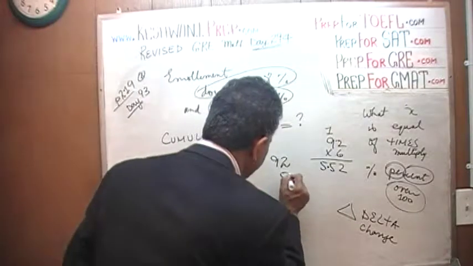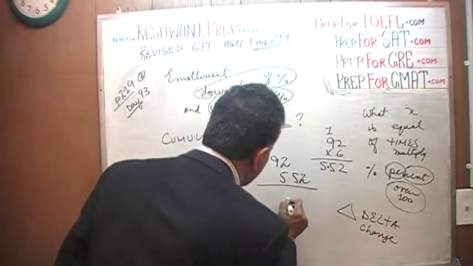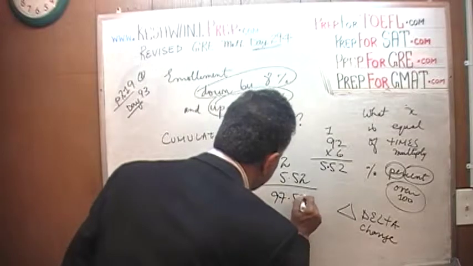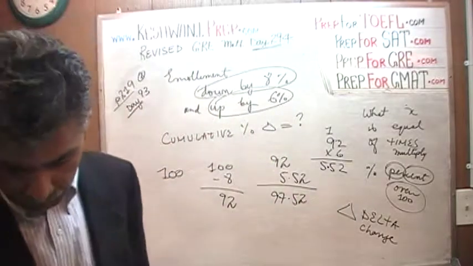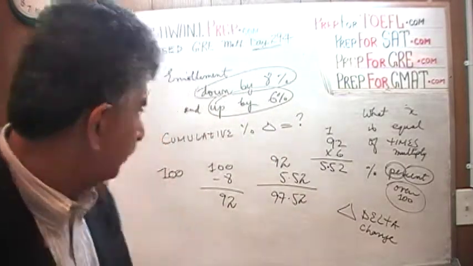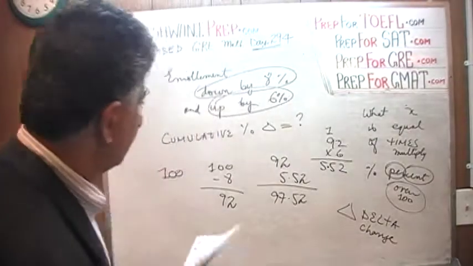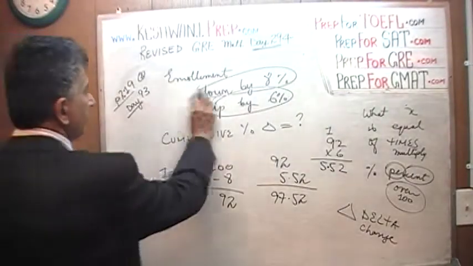So just add 5.52 to it, and we end up with 97.52. We're not quite done yet, because the question was, what's the cumulative change? Let's do it up here.